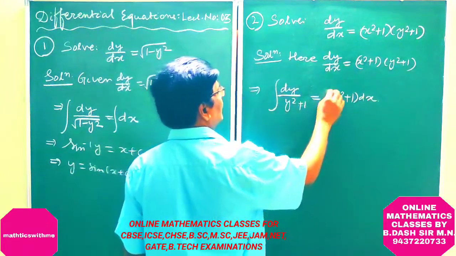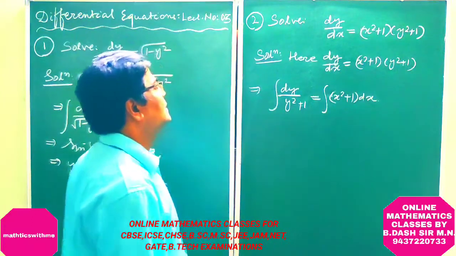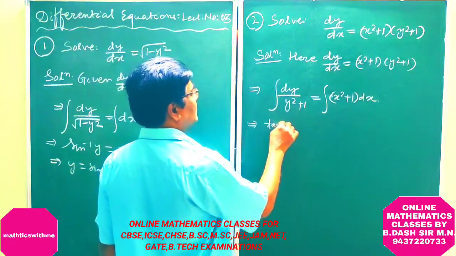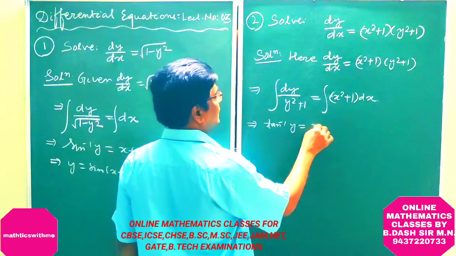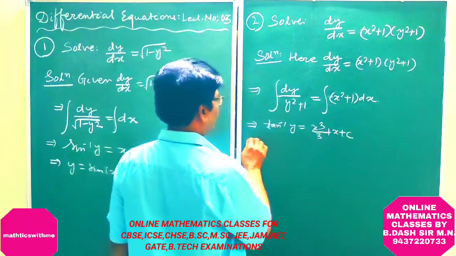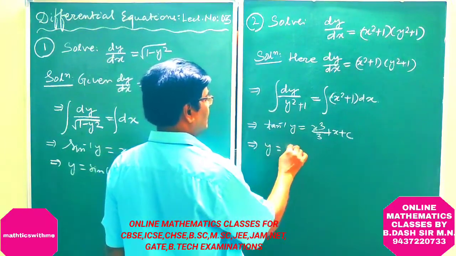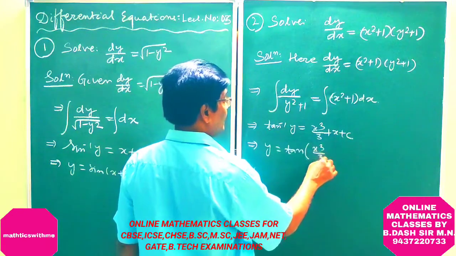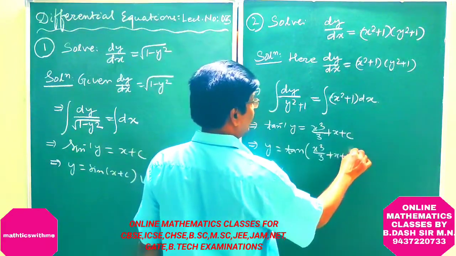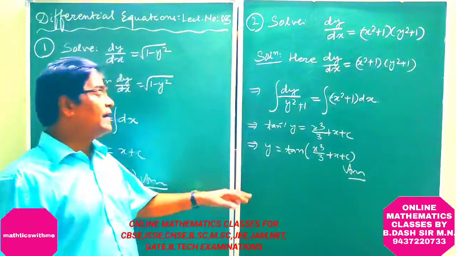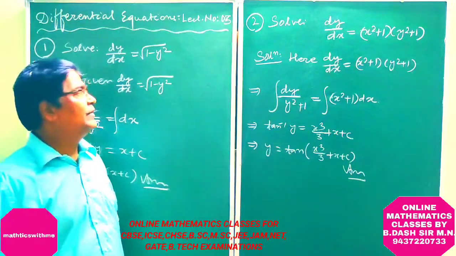Now the variables have been separated, so we have to integrate both sides. So this is tan inverse y is equal to x cube by 3 plus x plus c. So this implies y is equal to tan of x cube by 3 plus x plus c. Answer.